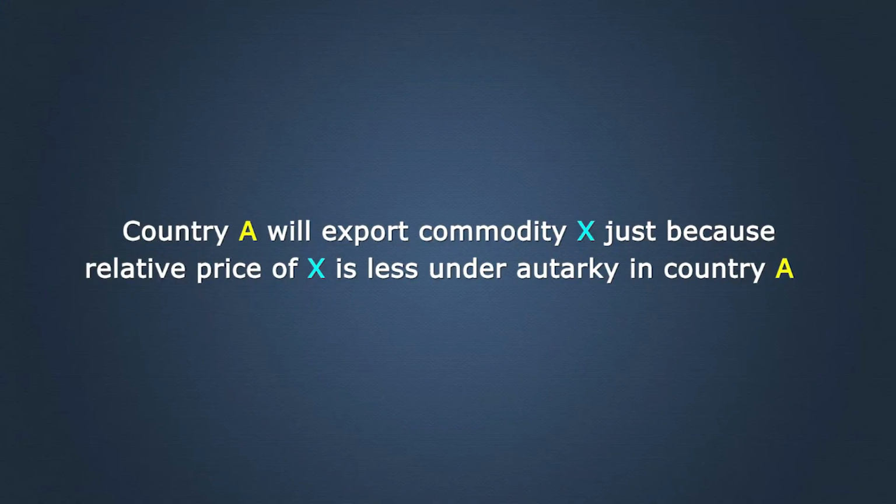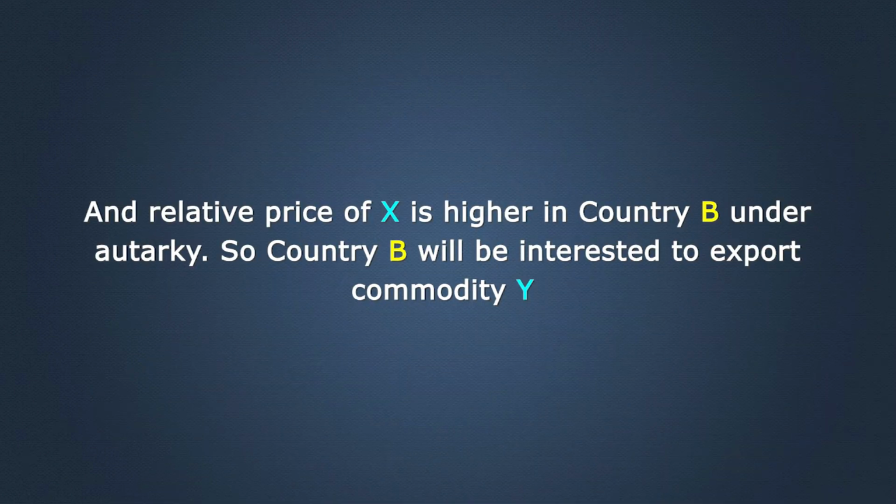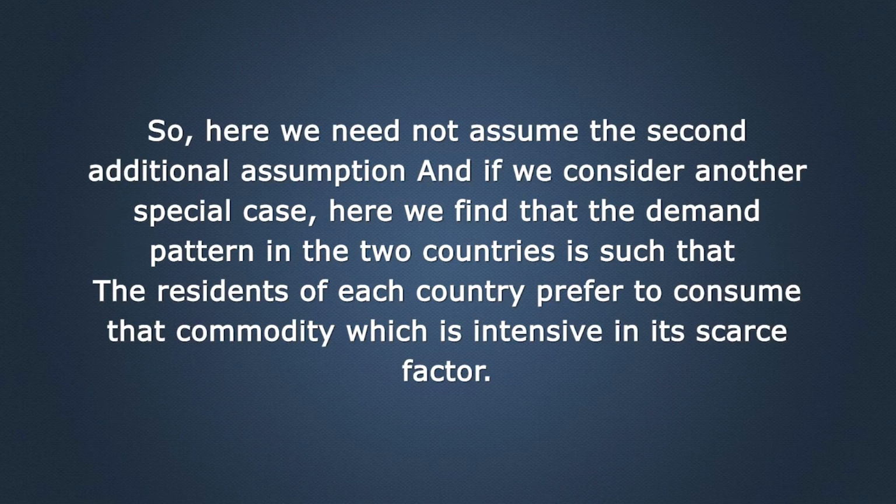So from here we can conclude that country A will export commodity X, because the relative price of X is less under autarky in country A and higher in country B under autarky. So country B will be interested to export commodity Y. Here we need not assume the second additional assumption.